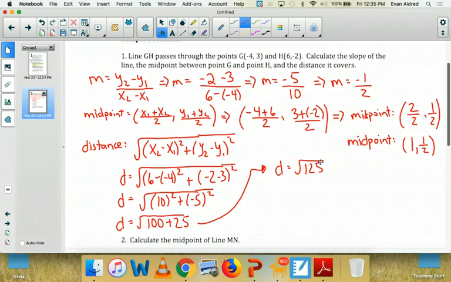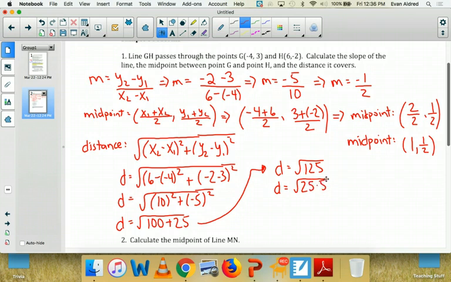And if you remember what was highlighted on the first page, we have to see if we can make that a mixed radical. So you go through your biggest perfect squares and see if any divide evenly into 125. 4 doesn't, 9 doesn't, 16 doesn't, 25 does. 25 goes evenly into 125.